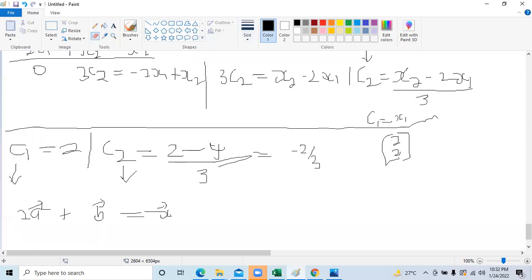So the hypothesis is that 2A minus 2 over 3 B is going to give us vector 2, 2.